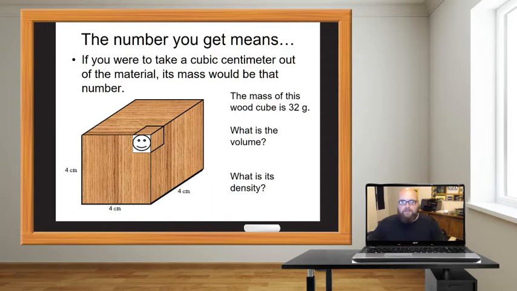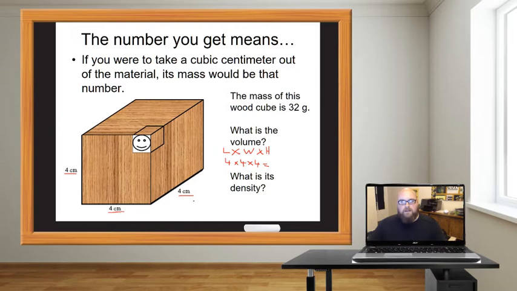If we want to figure out eventually its density to better understand this upper statement, we need to figure out its volume. Well, volume is length times width times height for things that are regularly shaped or cube-shaped type items. So in this case, we have 4 centimeters times 4 centimeters times 4 centimeters. That is having to do with its height, its width, and its length.